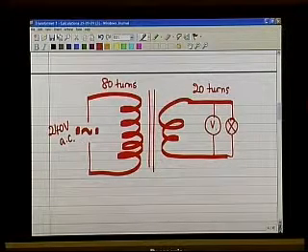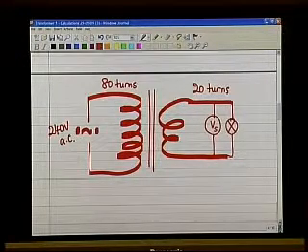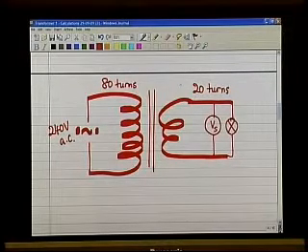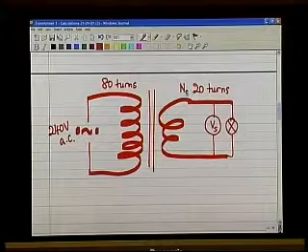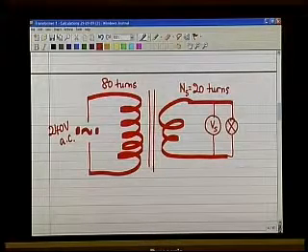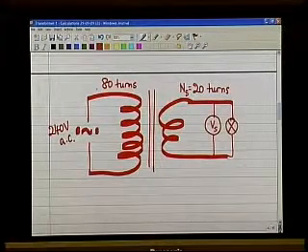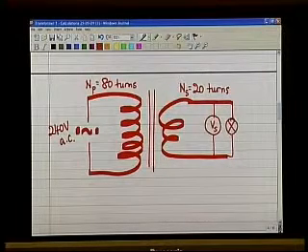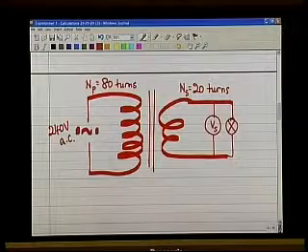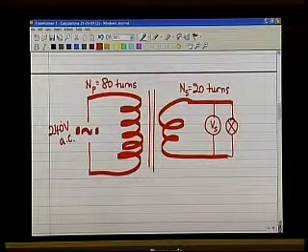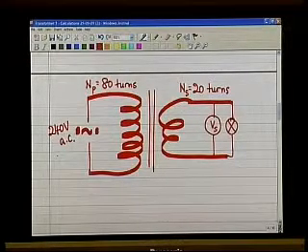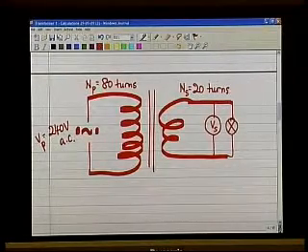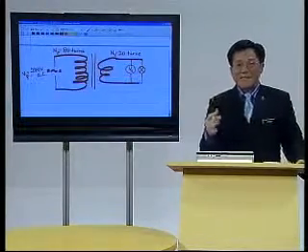So I call it Vs. The number of turns in the secondary coil, I call Ns. Number of turns on the primary coil is Np. And what about 240 volts AC? It is called the primary voltage. So this is Vp.